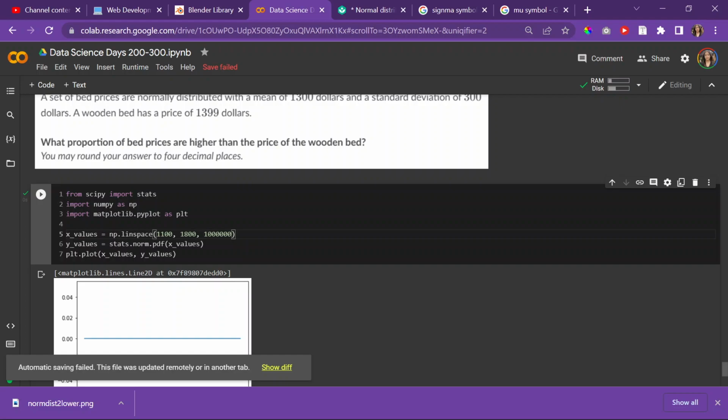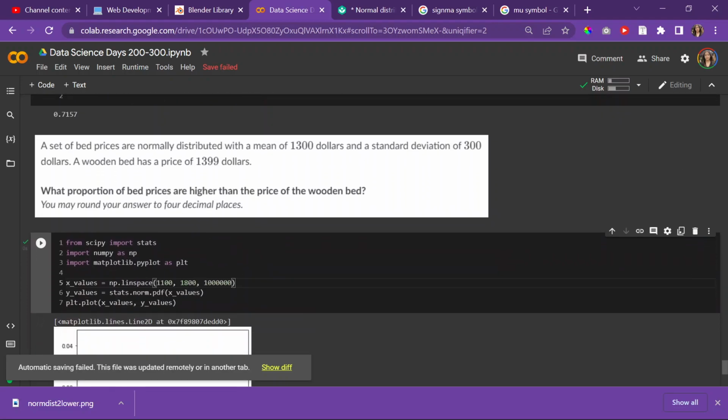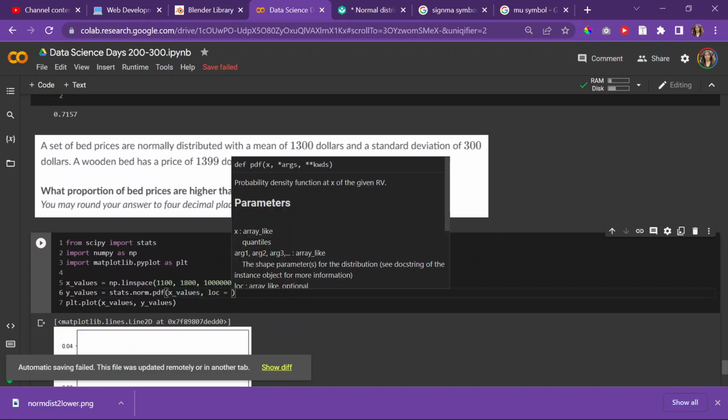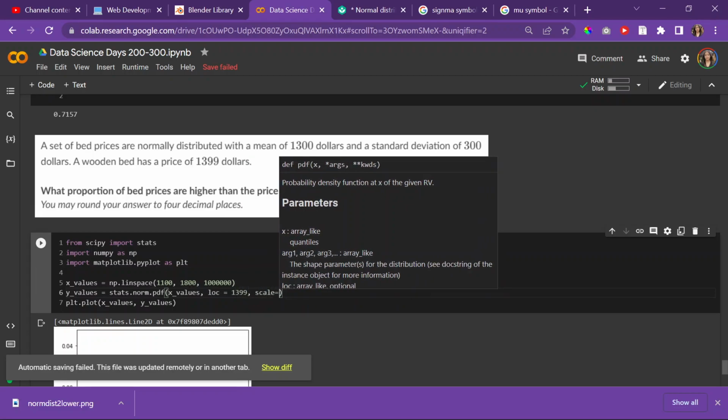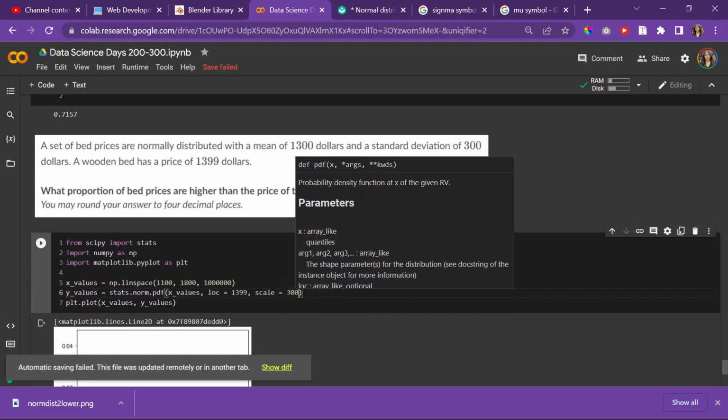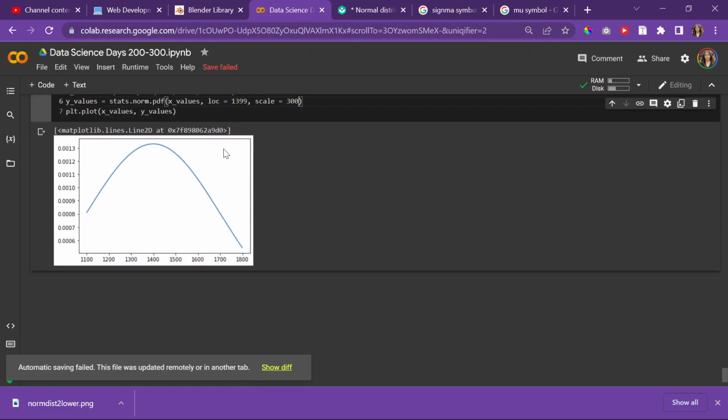Y values is equal to stats.norm.pdf of x values. Oh, I forgot to add the location, I mean the mean and the standard deviation. So the mean is 1,300 and the scale is 300. Okay, that's really bad.